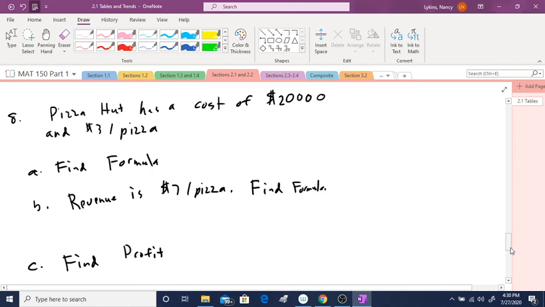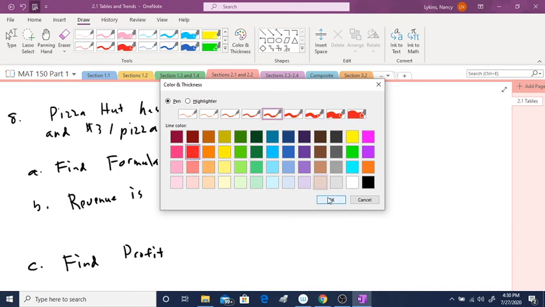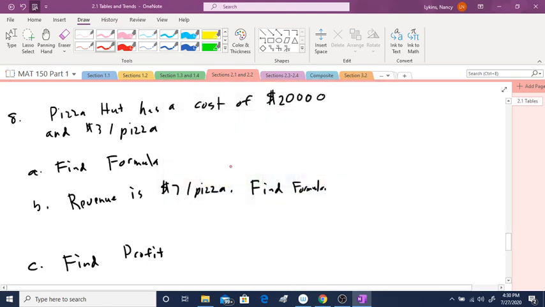So all that's taken into consideration. So what is a good cost formula? I'm going to use C for cost, P for pizza. Cost for pizza is going to be $20,000 at the beginning plus 3P.